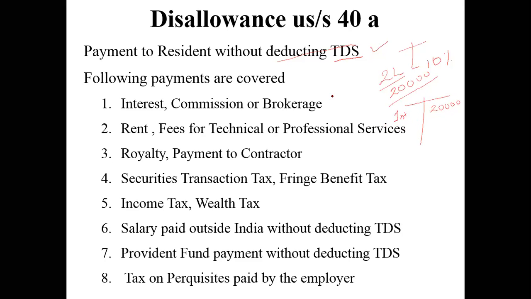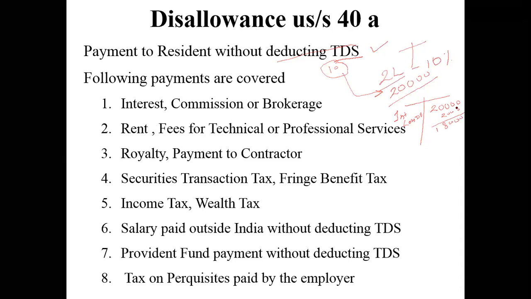The TDS rate is 10%, so I have to deduct 10% of the interest that I am going to pay. What is 10% of 20,000? 2,000 rupees. So I have to write interest payment 20,000 rupees less TDS 2,000 rupees, and I have to pay Narayan only 18,000 rupees.